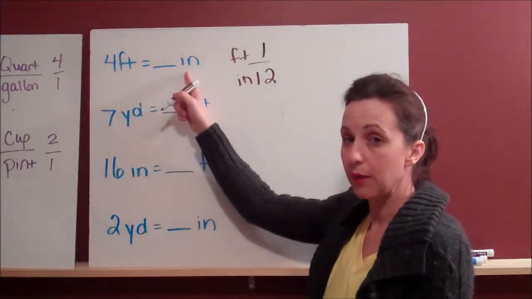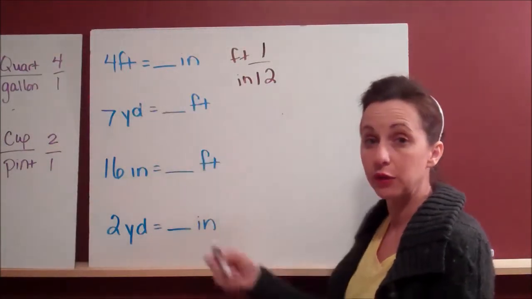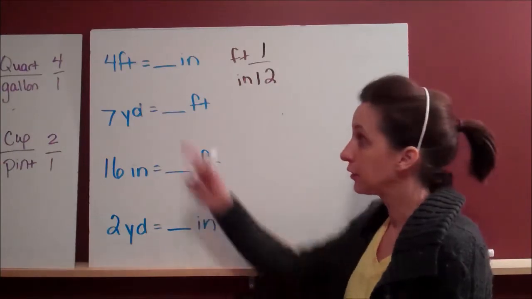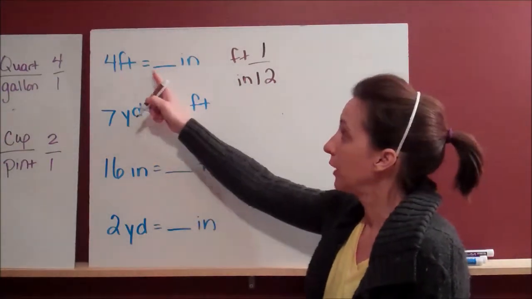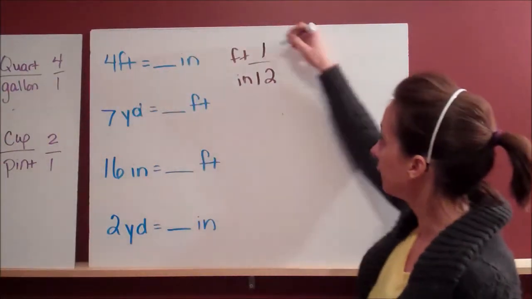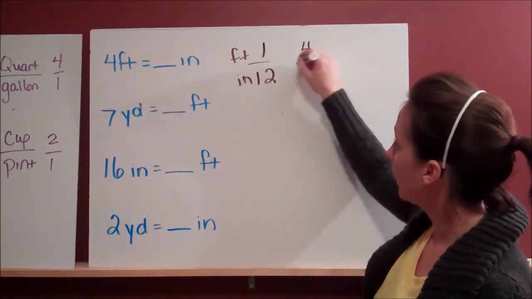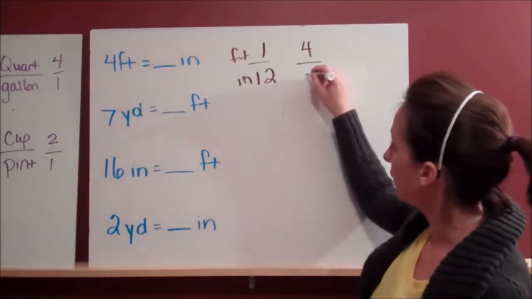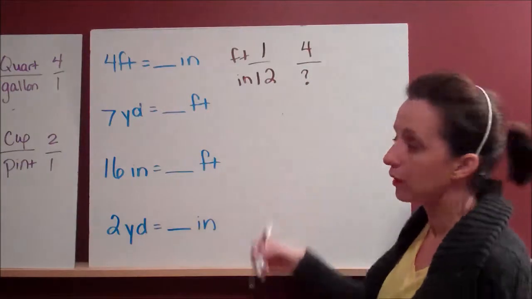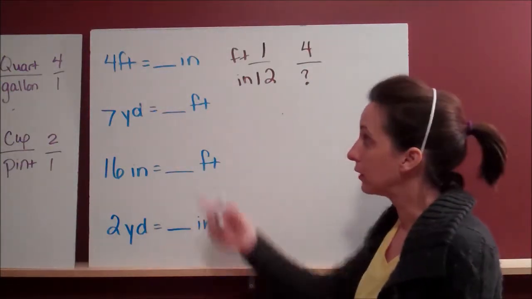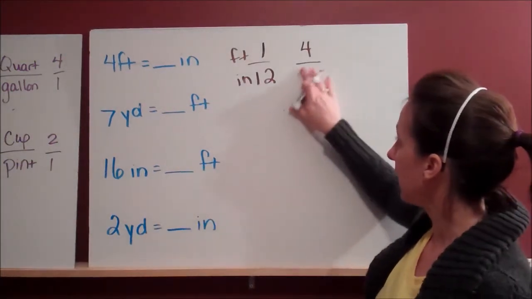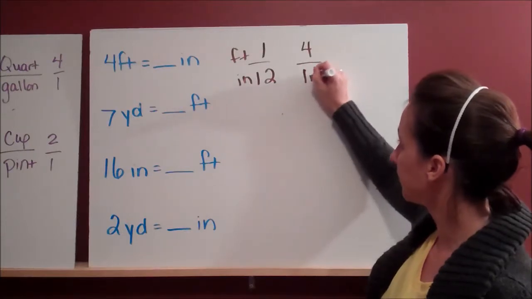This is a ratio with an x, so we're going to use a proportion to solve for the missing number. So where there was a feet, I'm going to put a 4. And where there was an inches, I'm going to put a question mark, or an X, or a Y, or even maybe an I for inches.